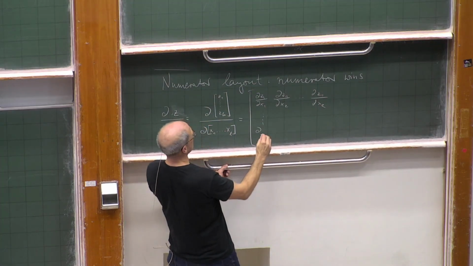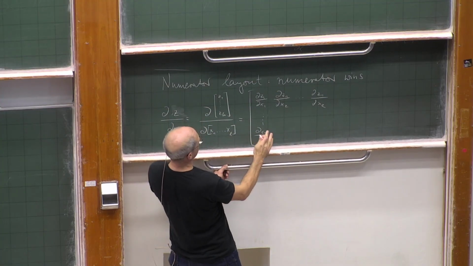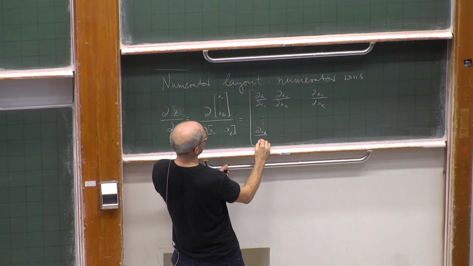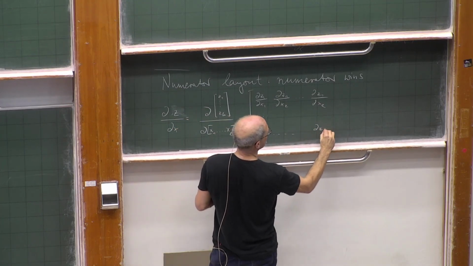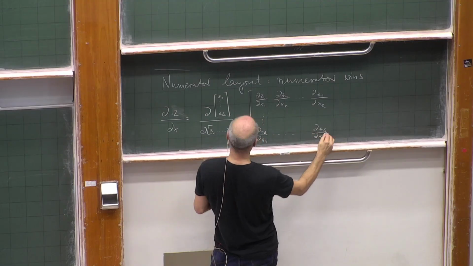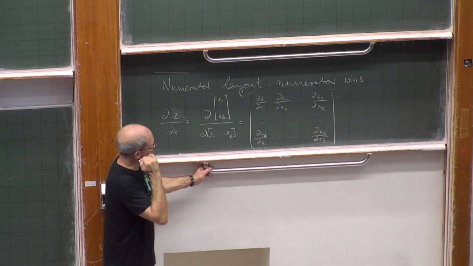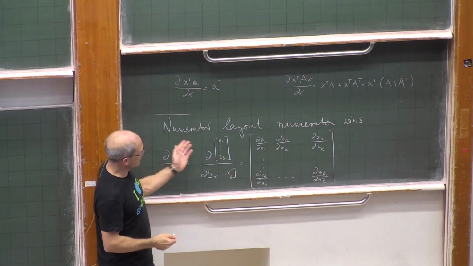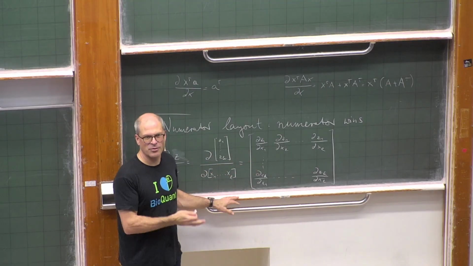And here we have dz1, oh, excuse me, this is now dzk by dx1. Here we have dzk by dxl. Okay, so this is the convention used in numerator layout, and in denominator layout, it's just a transpose of this.